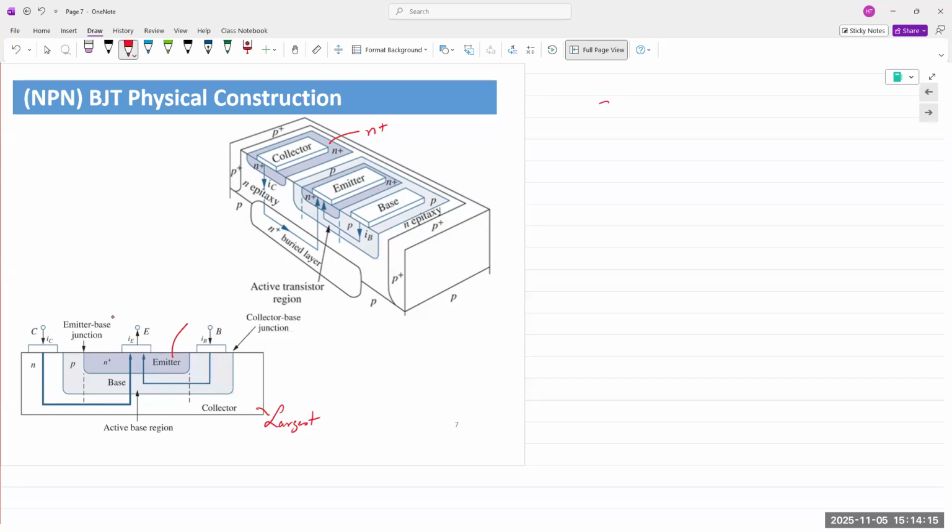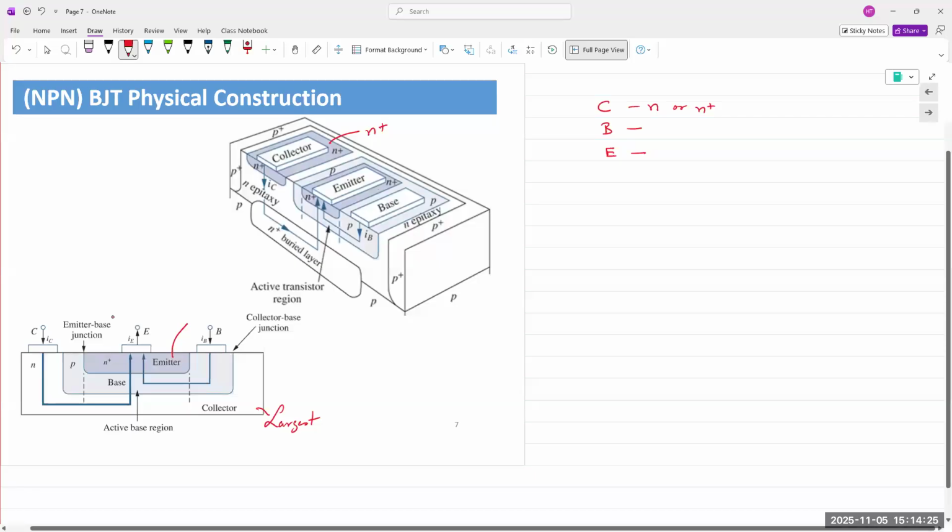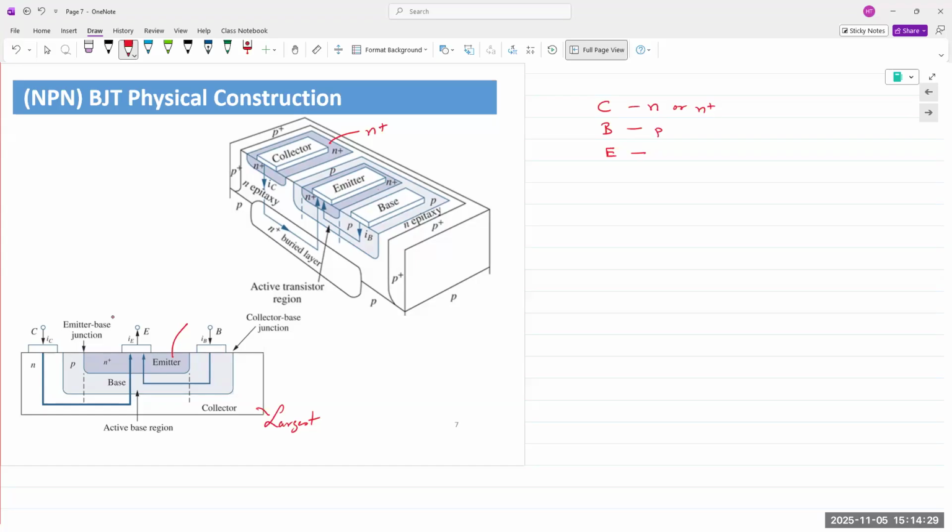Okay, so we have the collector, the base, and the emitter, and it's just showing as N, or you could show it as N plus. The base is very lightly doped, so just P, and then the emitter is N plus. Compared to the collector, I would say it would be N plus or N plus plus.